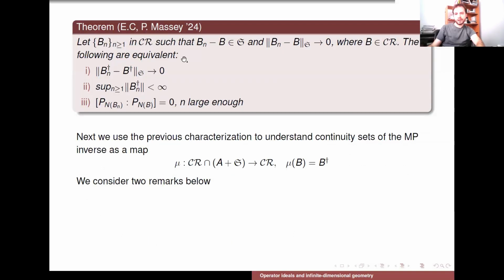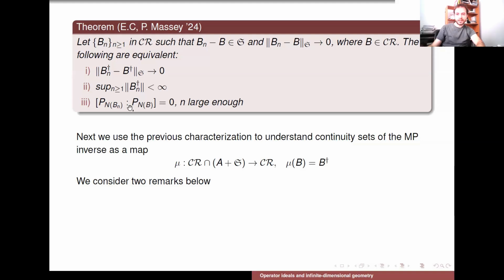Our result about the continuity of the Moore-Penrose inverse is as follows. Note that here we have convergence in terms of the operator ideal. We have here the same two equivalent conditions, but now the first one is with respect to the operator ideal norm.